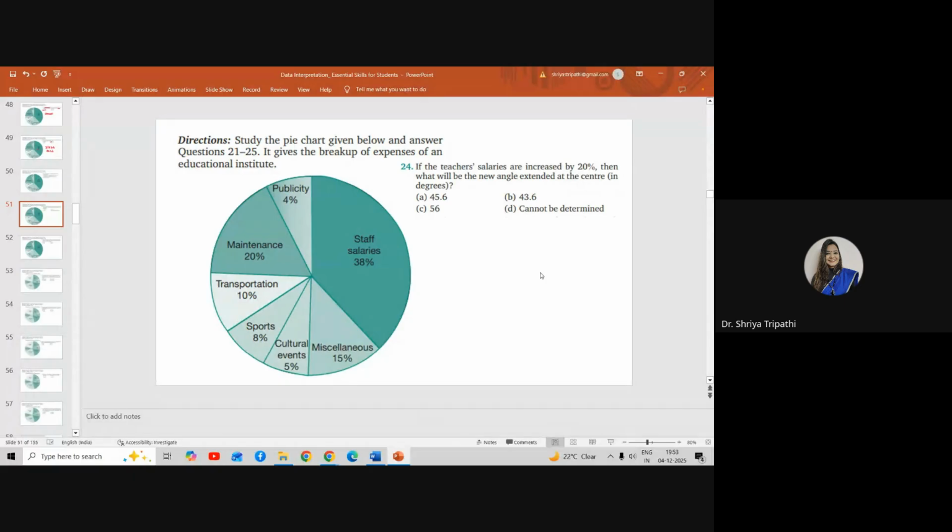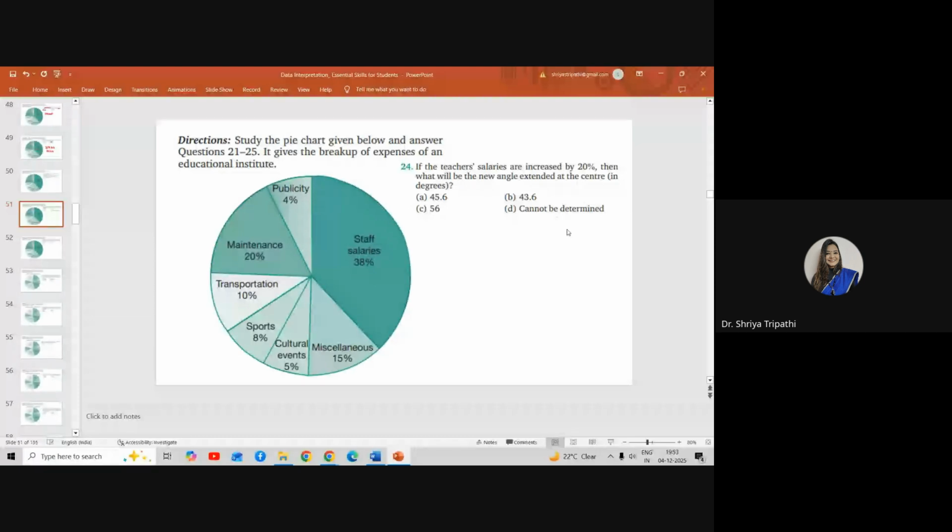Okay. Now here there is no data given in terms of teachers; miscellaneous is given, staff salary is given. Staff can include other people also.